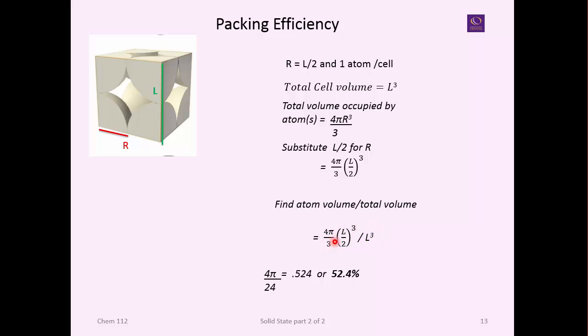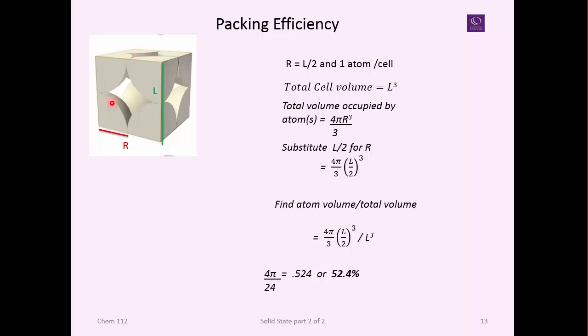As you simplify this down, you end up with L cubed divided by L cubed, so that'll fall out. This is going to be 2 cubed, which is 8, times 3, which is 24. So 4 pi over 24, if you do that math, is 0.524, which if you express that as a percent, move the decimal over twice, is 52.4%.